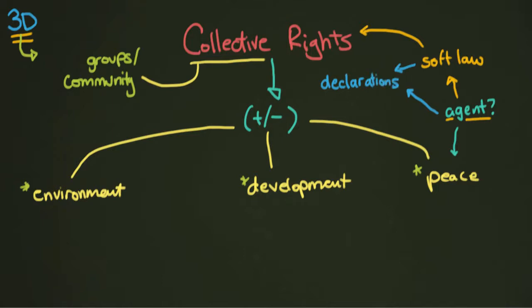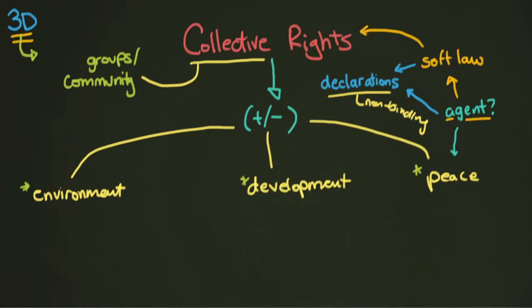Now, I'm sure you remember what a declaration is, maybe. Well, a declaration is non-binding. So, non-binding ties right back to our soft law, which means declarations can't be enforced by law. They're just recommendations, they're ideas, they're things that we've, as a society, agreed upon.